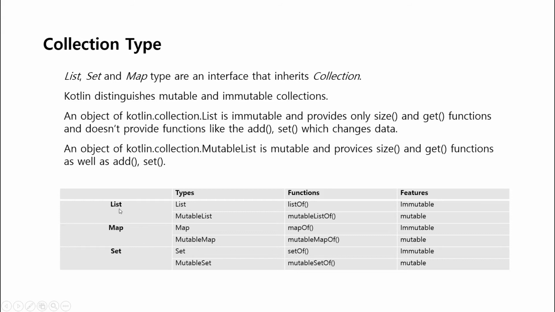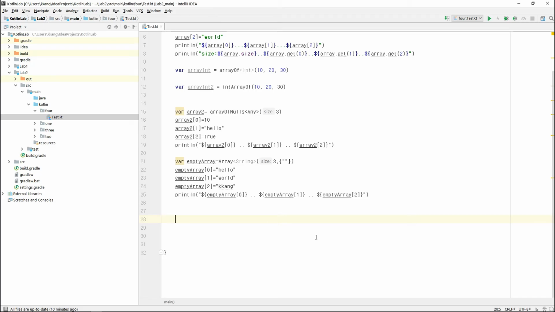As you can see, there are List and MutableList, and also Map and MutableMap, and Set and MutableSet. Default is immutable. Let's test it out. Let's add a variable for a list.